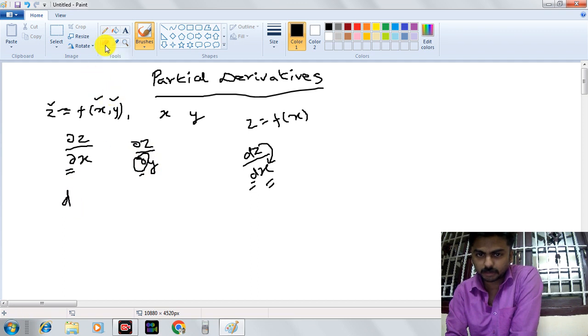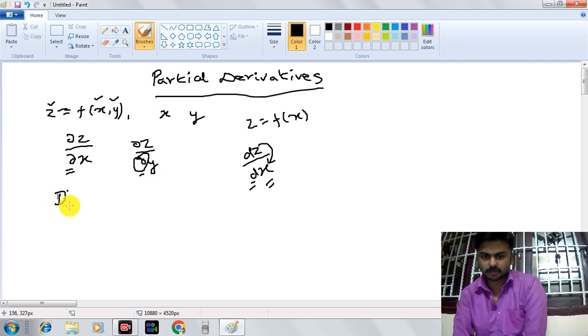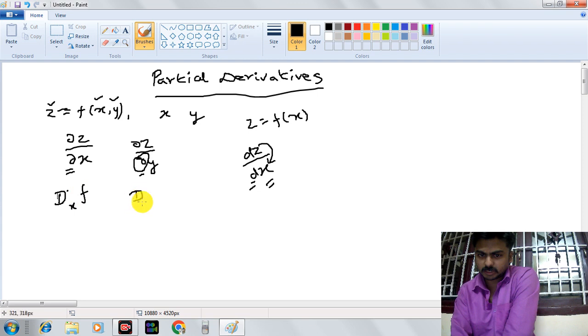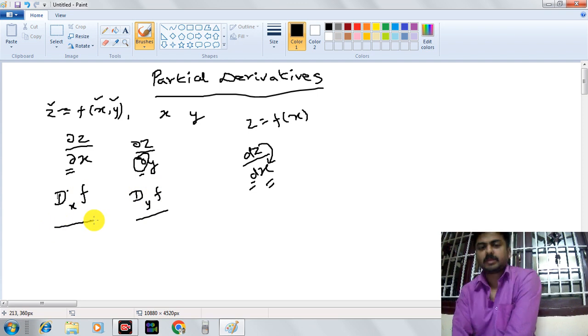It can also be denoted as, for example, the partial differentiation of z with respect to x can also be written as capital D with respect to x of the given function f, that is D x f. And the partial differentiation of the function f with respect to y is D y f.